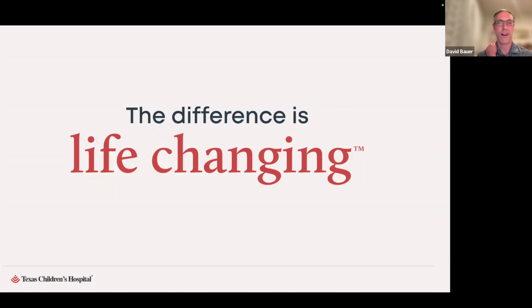So when I interpret a study, I look at that punchline, but I also look at the data to see if I think the authors are making the appropriate conclusion based on the data.